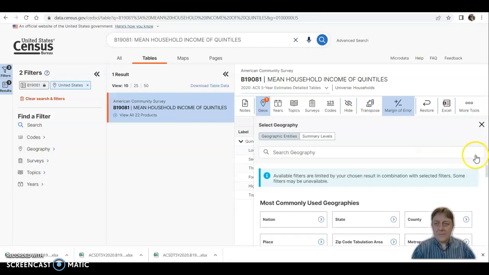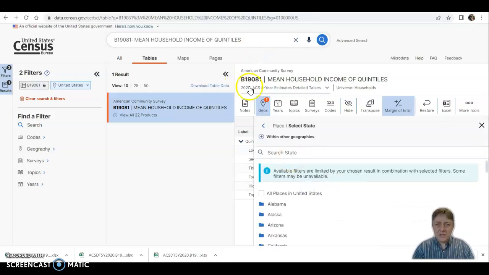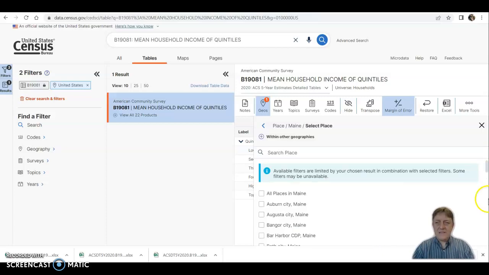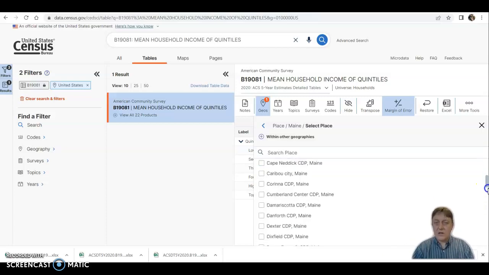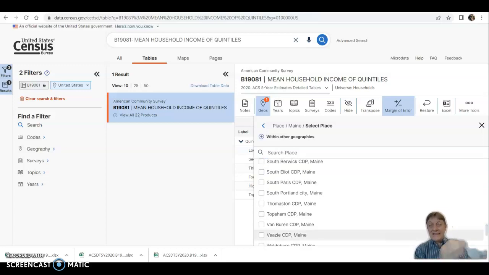Not many people live up there. And so if I go to place, and I'm still looking at 5 years of data, am I going to be able to find that for Maine? It is literally not called Forks, it's called the Forks. So I'm going to take a look. No, it is not available. And that's simply because it is too small.